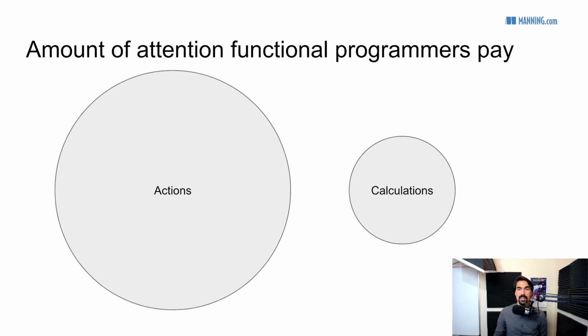We actually spend a lot more time and a lot more attention making sure that our actions run correctly. And I think we spend it more than other paradigms. So it's kind of interesting that there's that duality. We spend more code on calculations, but then more attention on actions to make sure they're right.